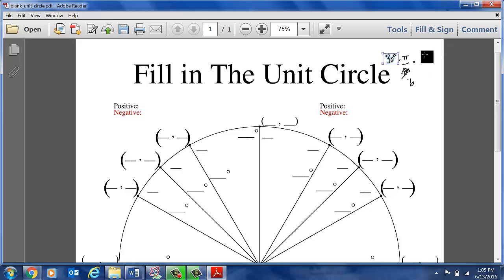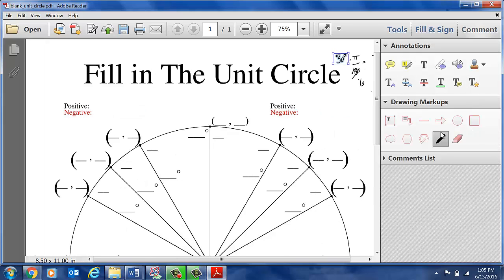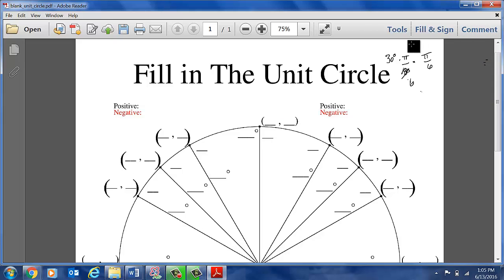So this is the same as pi over 6. So 30 degrees is equal to pi over 6 radians. Okay, so 30 degrees is the same as pi over 6 radians. And that's what I meant. We're going to label them both.